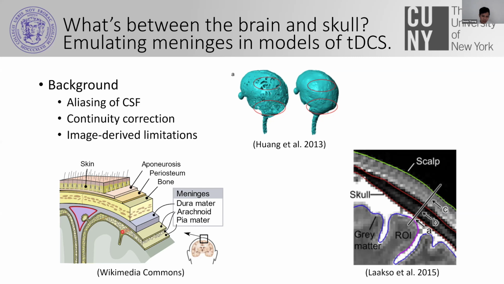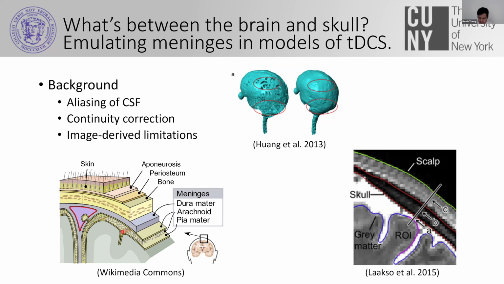For something like the dura, meninges, arachnoid, pia mater, in actuality, the space that we typically segment as CSF is taken up with a little bit of this. There's proteoglycans, and there's vasculature. For example, the dura mater is probably about 1 millimeter thick in some areas.